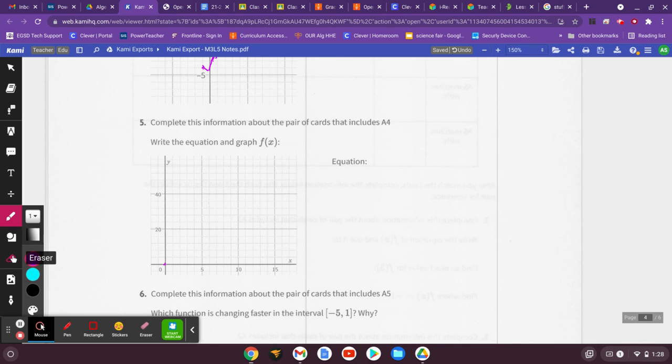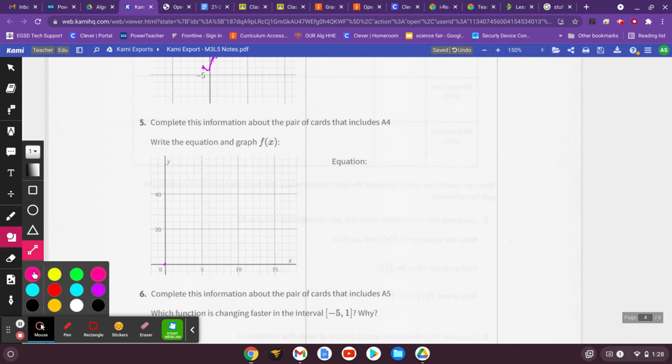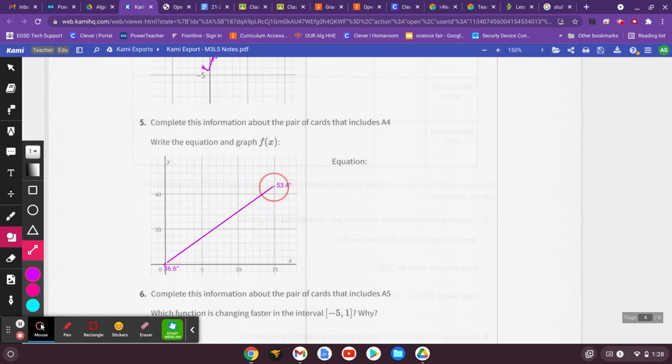I'm actually going to use the line because that's going to be a little bit more accurate. So I'm going to go from 0, 0. So 44 is that line there. I'm going to go a tad bit above. So there we go. There's my graph from 0, 0, constant rate to 15, 45.